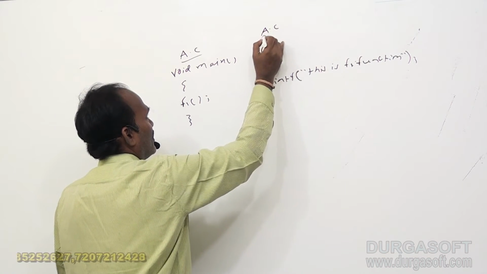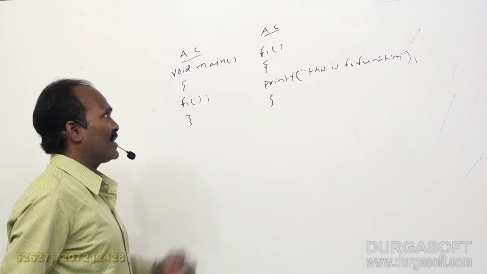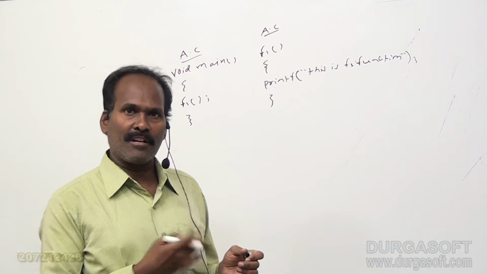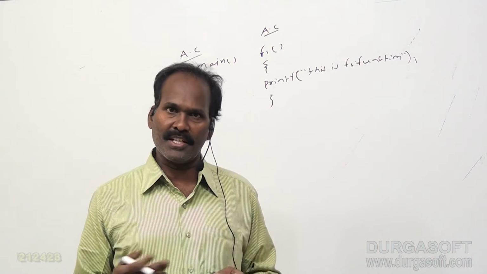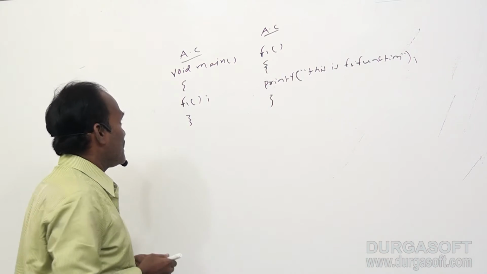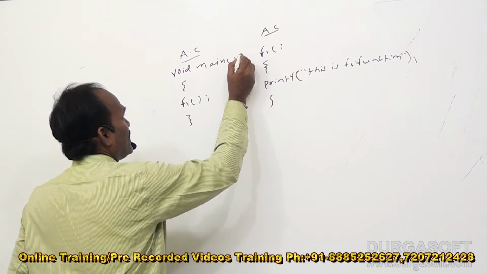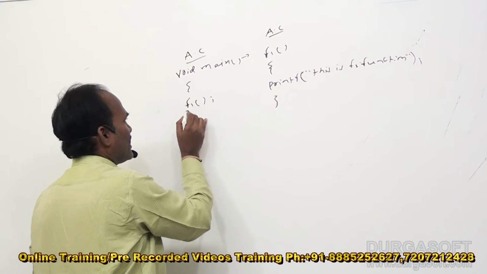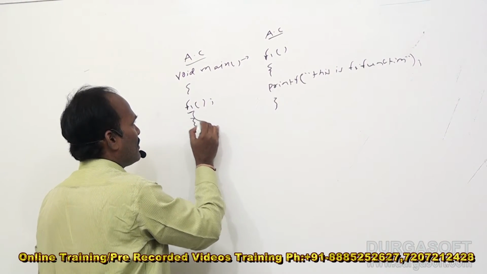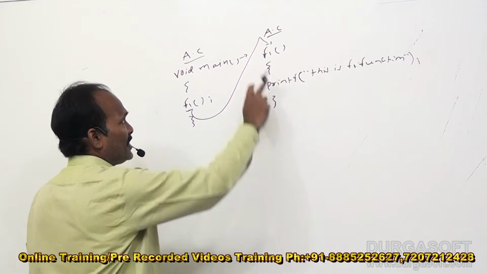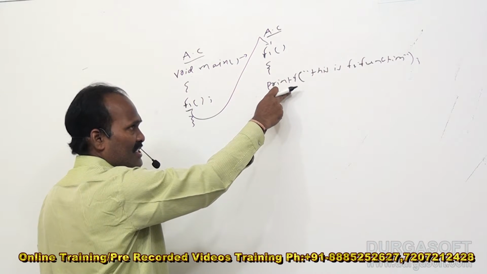Just imagine A.C means the F1 function can be defined within the same application, or it can also be defined by another .c application. No problem. So whenever the flow starts at void main, immediately the compiler encounters F1. By this, automatically the flow of execution is shifted to F1. Within F1 it is going to perform all the tasks first.